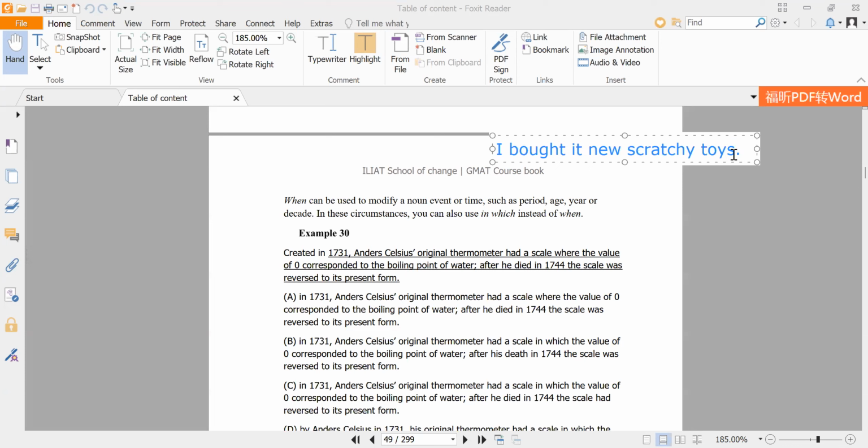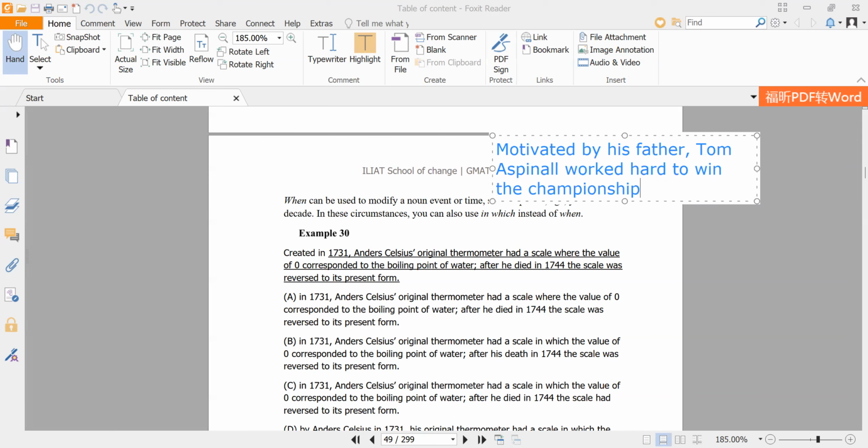Now, say the antecedent does not come before the pronoun, what would happen? So, for example, say in this case, we have the pronoun his.